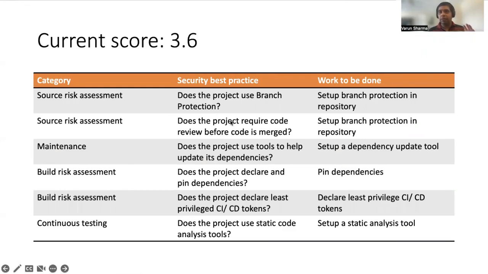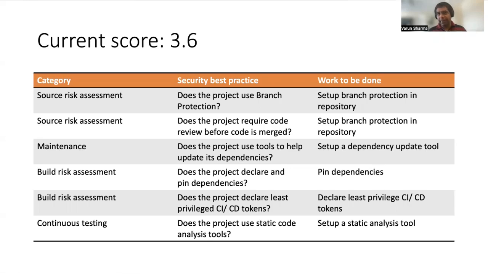And we have a lot of work that we need to do in order to improve this score. We need to set up branch protection so that we can then set up policies for code reviewers. We need to set up a dependency update tool so that dependencies get updated as new versions become available.